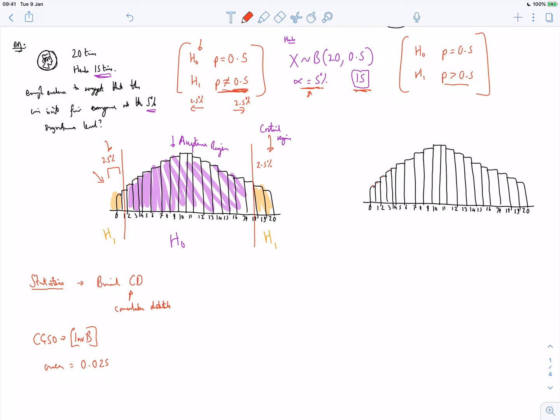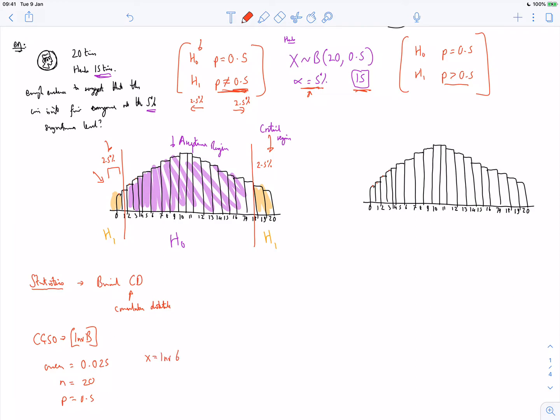Anyway, so the area is 0.025. The number of trials is clearly 20. That's part of our distribution. And our probability of success, P, was 0.5. I press that and it should say X equals inverse of 6.